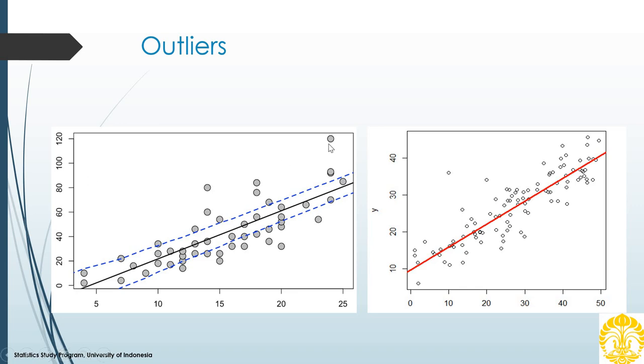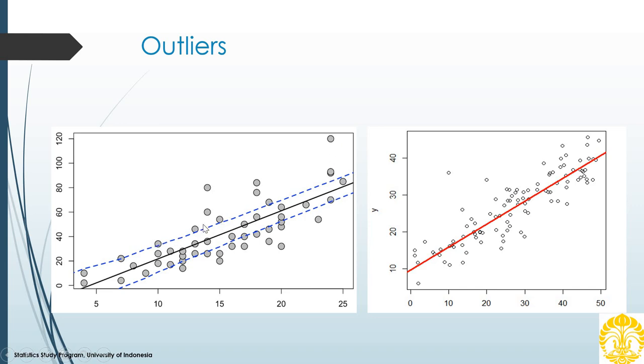Here, for example, this is a strong candidate for an outlier, because this point up here is the exact y value, the actual data, and the point on the line here is the predicted value. So the error, or the residual, is the distance between the actual value and the predicted value.